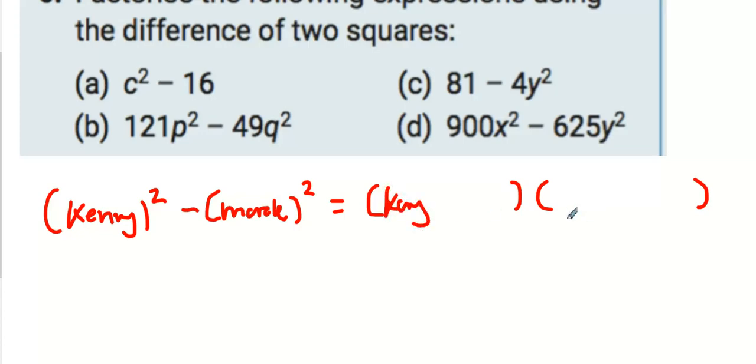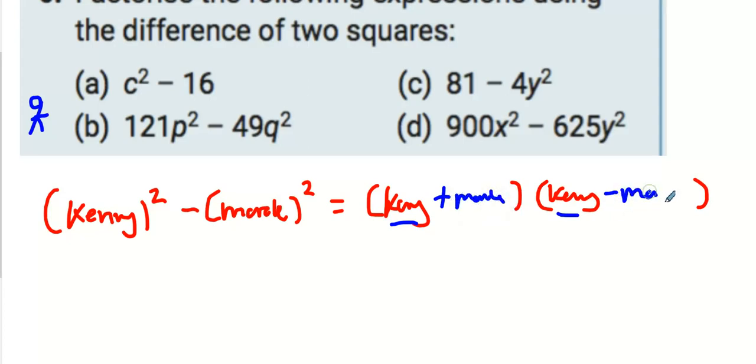It's Kenny. See the way Kenny comes first? If you run left to right, you hit Kenny first, so Kenny comes first in the brackets, okay? Now, one of them's a plus and the other one's a minus. What do you hit second when you run across left to right? Mark, right? So it's Kenny plus Mark and Kenny minus Mark.